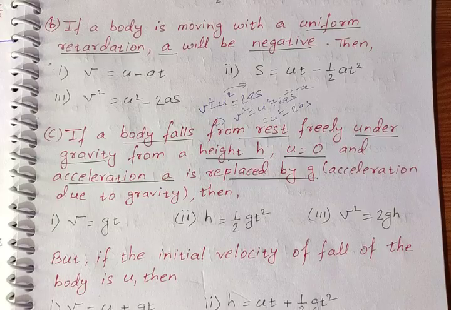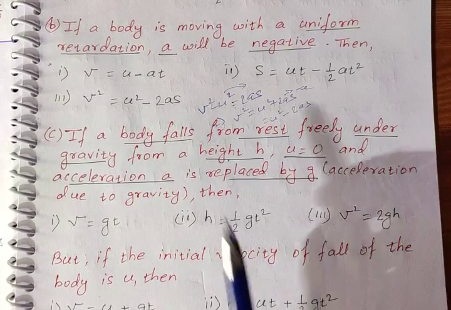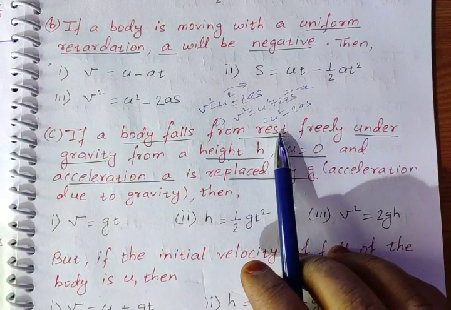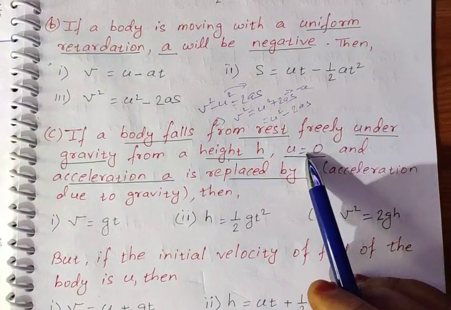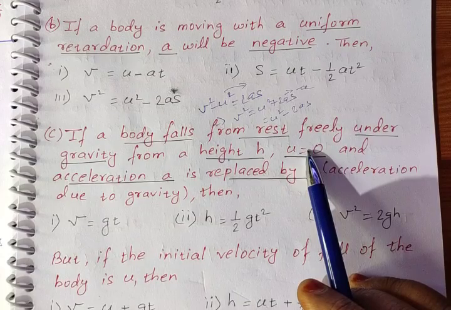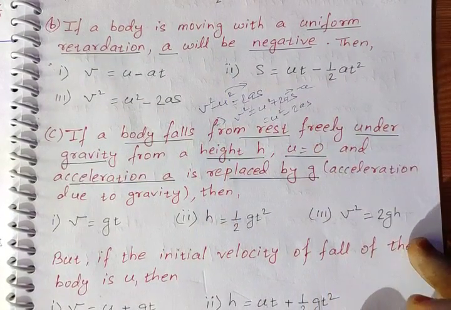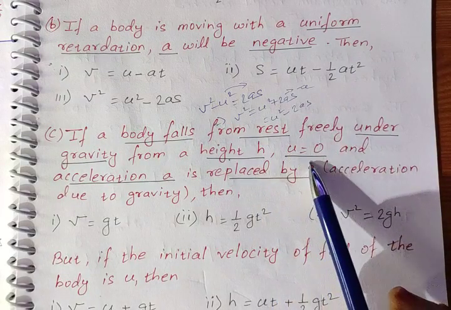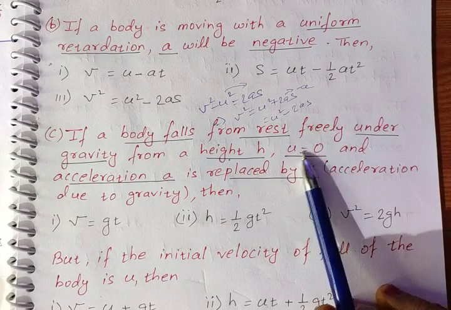If a body falls from rest, that is, when the body starts from rest, the initial velocity is 0, according to the first case. We already discussed that whenever a body starts from rest, the initial velocity is 0. That is clear.